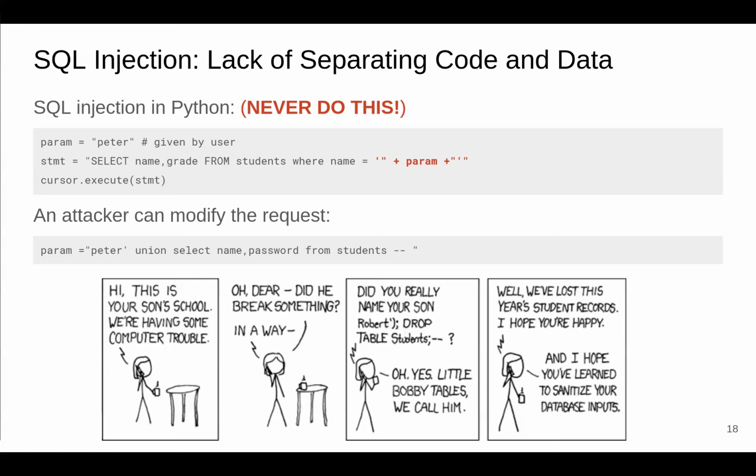This is a classic SQL injection where the name reads a bit weird, but if you paste this in, the database would understand this as a command: select name, grade from students where name equals single tick Peter close single tick, which in the program being interpreted by the database server finishes the parameter. Union selects and continues the program, select name from students, filling in the other. And by the way, the rest of this line is a comment.